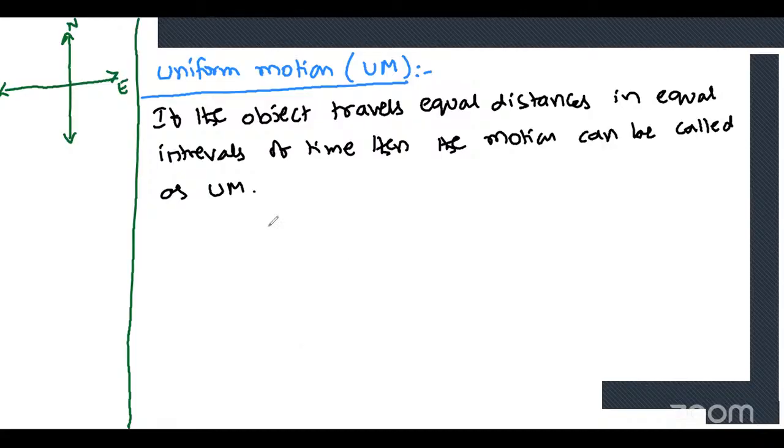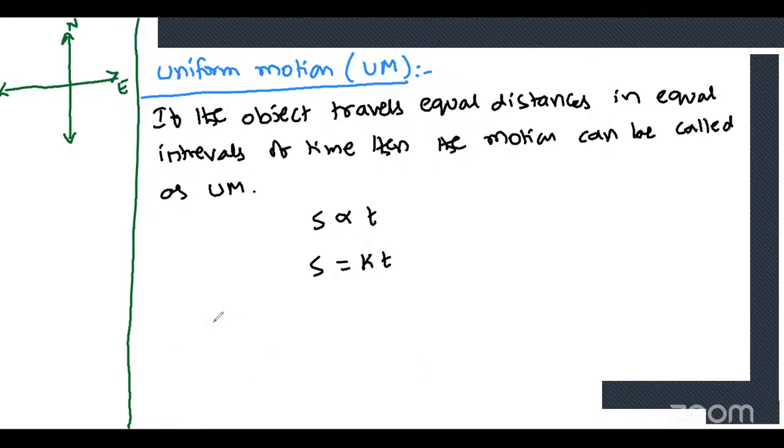That means mathematically I can write distance is proportional to time. So, in order to remove proportionality, I'll keep a constant k.